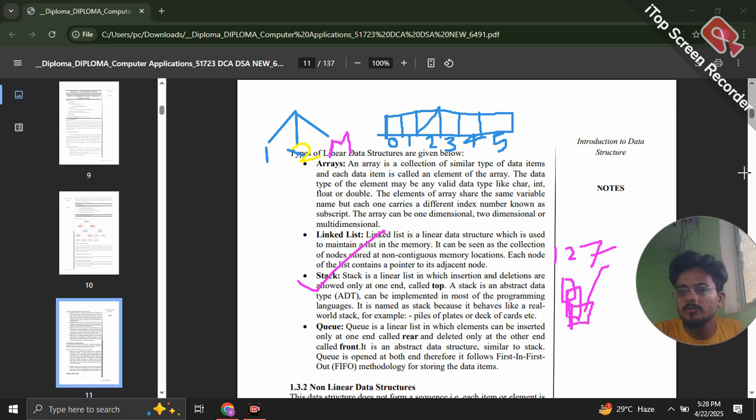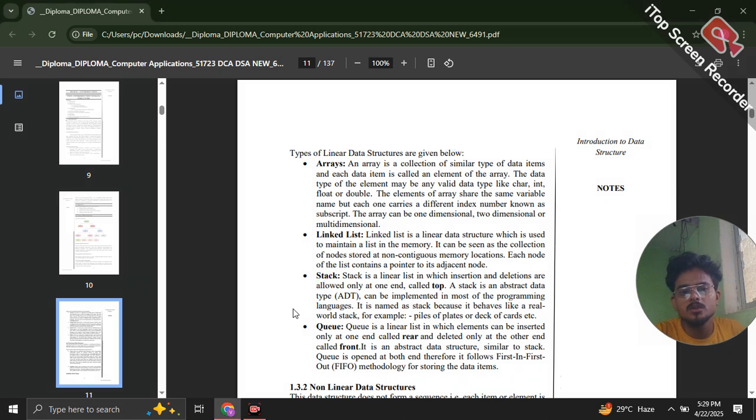After that we will study queue. Queue is a linear list in which insertion will be done at one end, which is called the rear, and deletion will be done at the front.